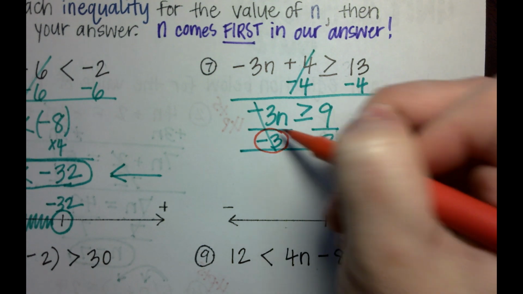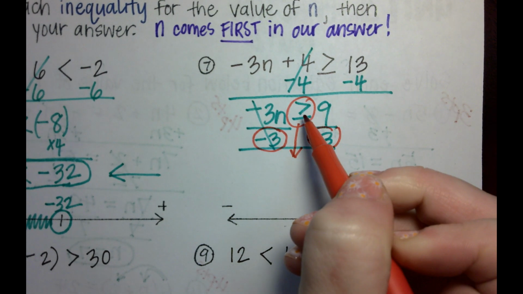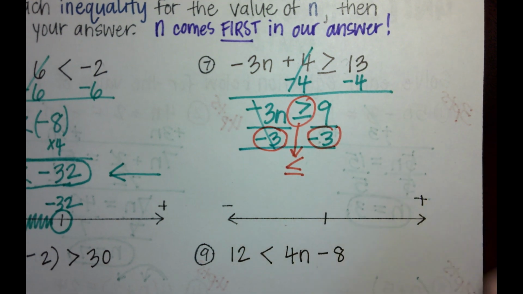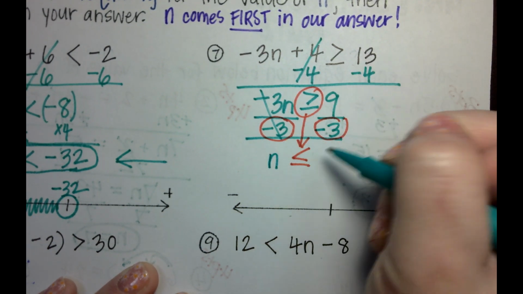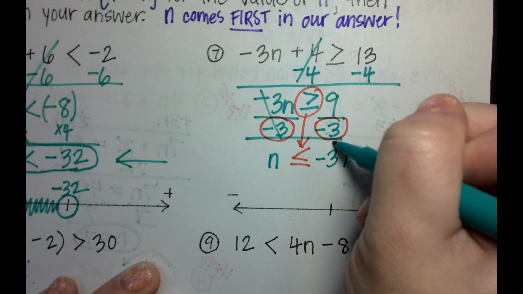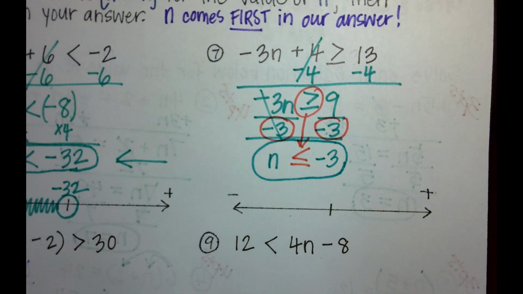We divided by a negative. That means our sign is going to flip. Instead of greater than or equal to, now it's less than or equal to. Good. N is less than or equal to 9 divided by negative 3 is negative 3. So that is our answer.